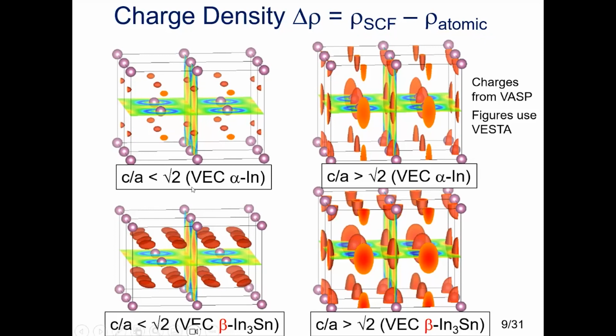And here, if we take the valence electron count of pure indium, but we take the C over A ratio of beta indium-3 tin, then this is what the charge densities look like. I'm showing them to you here in a 2x2 supercell. The red is where charge density has accumulated.